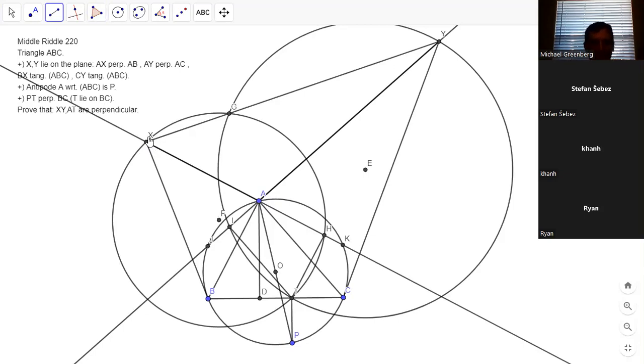So I think if this picture is like I think it is, oh no, X, I, and T aren't collinear. So AX times AH is the power of A with respect to that circle. I forgot where I was going with that.